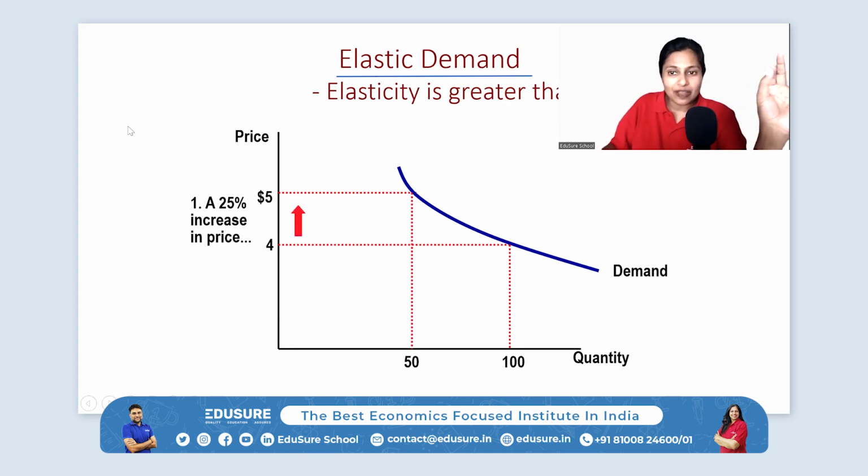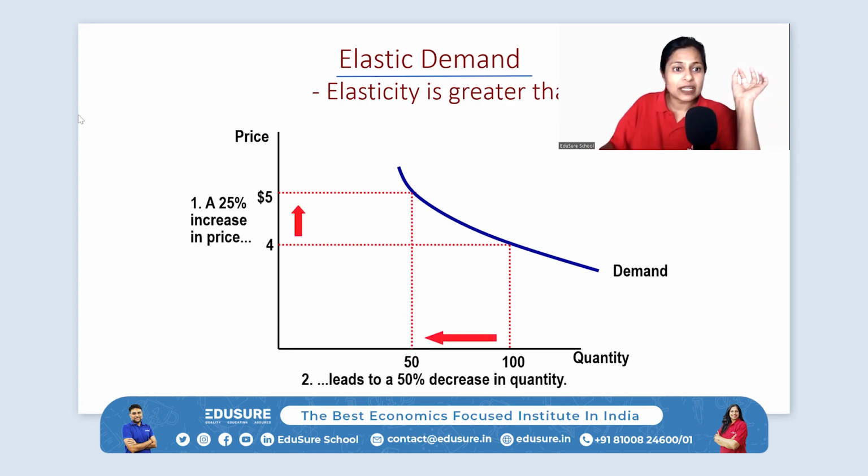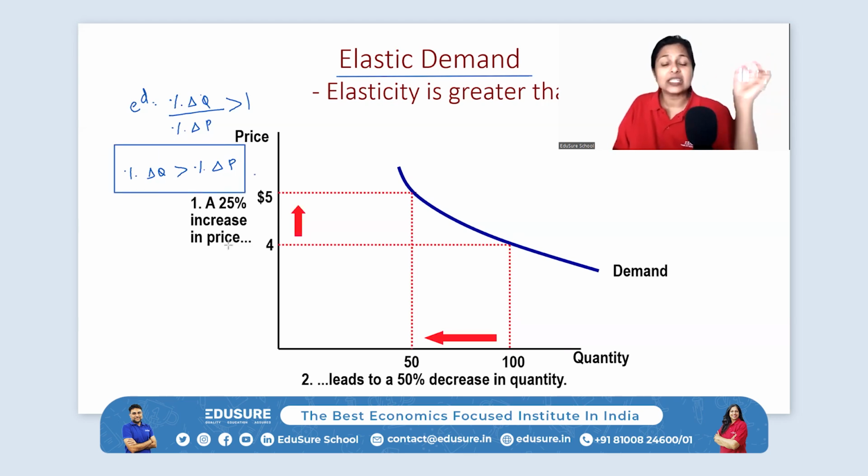In terms of formula, percentage change in quantity by percentage change in price is more than 1. So percentage change in quantity is more than the percentage change in price. This is called elastic demand, and elastic demand is flat. The demand curve looks flat.